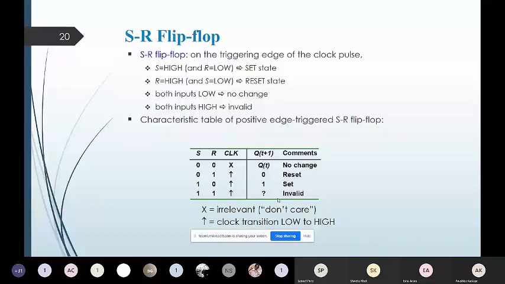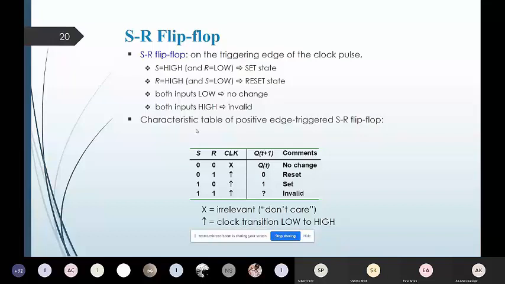But in the case of the flip-flop, when we comment on the next state value obtained with respect to the present input and control signal conditions, that table is named the characteristic table. So please remember the difference between combinational circuits and sequential circuits.